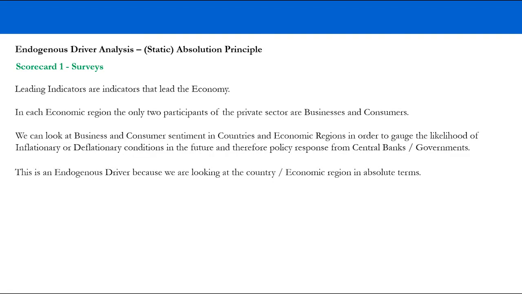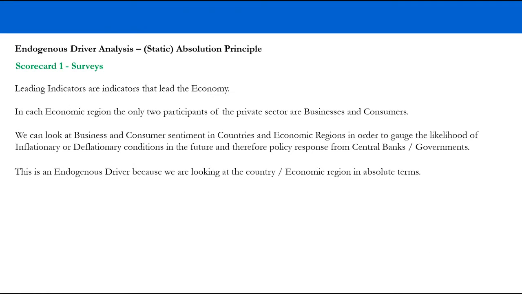So if you remember back to our idea generation flow analysis, we had leading indicators as drivers on the left-hand side predicting both coincident indicators and what central banks and governments are going to do, because central banks and governments are primarily concerned with the coincident drivers. And surveys are an endogenous driver because we're looking at the country or the economic region in absolute terms.